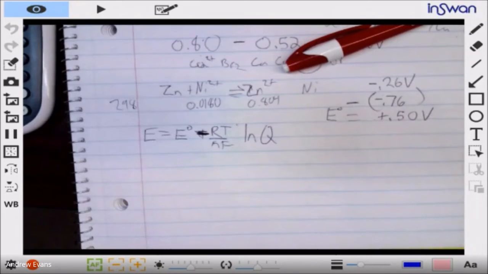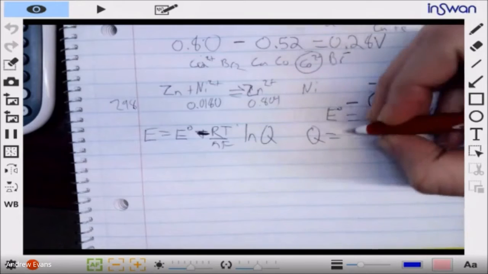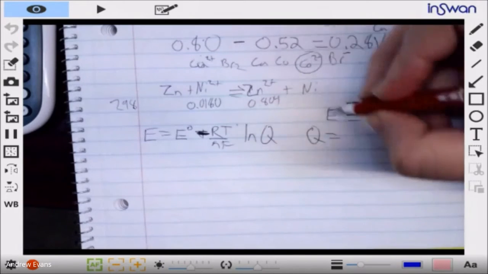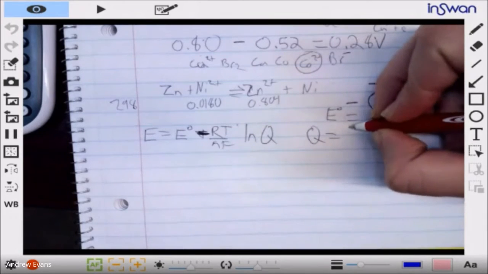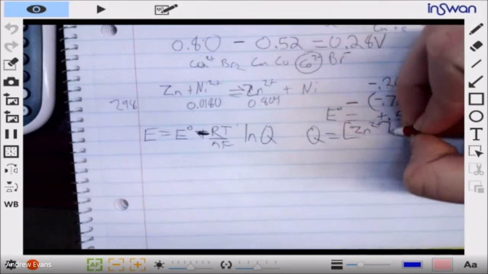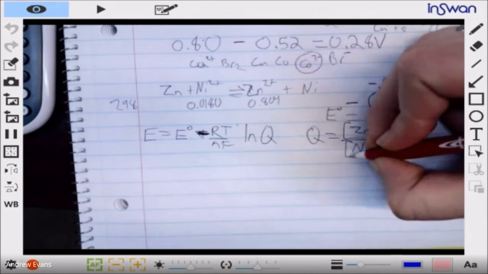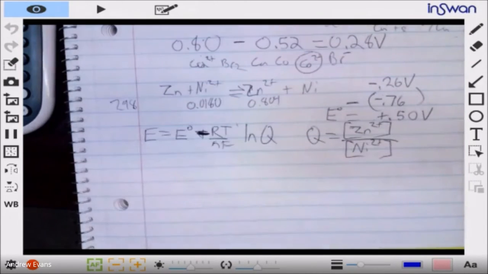Negative RT ln Q. And our Q, let's not forget, is products over reactants raised to the power of their coefficients. We don't include solids. We don't include liquids. We only include aqueous and gases. So it's just zinc and nickel.